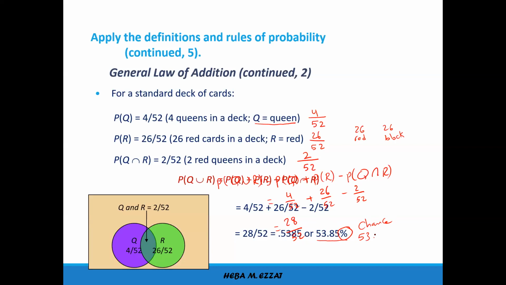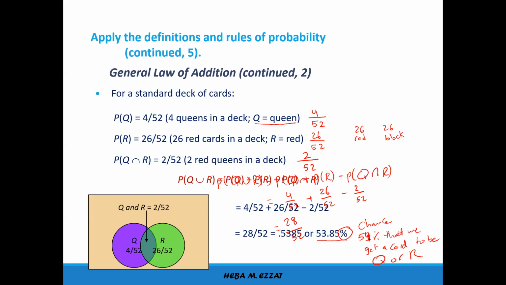So because this is a really high fraction, there is about a 54% chance that we get a card that is queen or red.